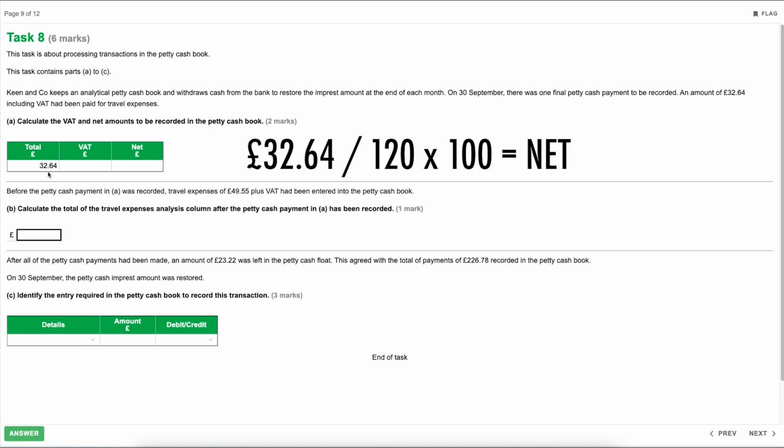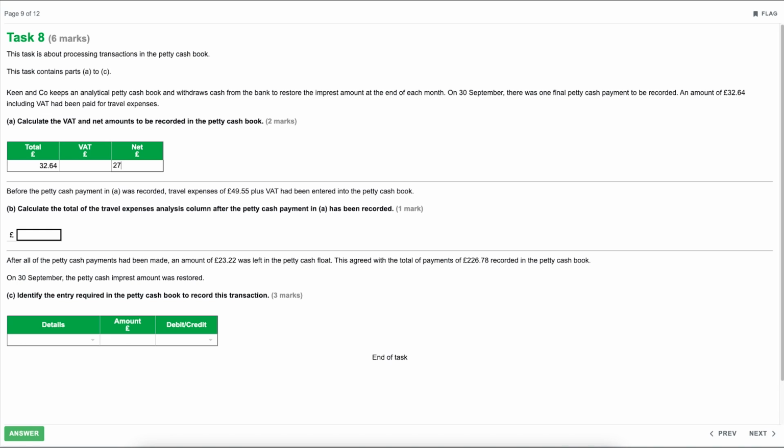Okay, so 32.64 divided by 120 multiplied by 100 gives you a net amount of £27.20. Now, if we do the same thing for the VAT, it will be £32.64 again, divided by 120, multiplied by 20 to get the VAT.